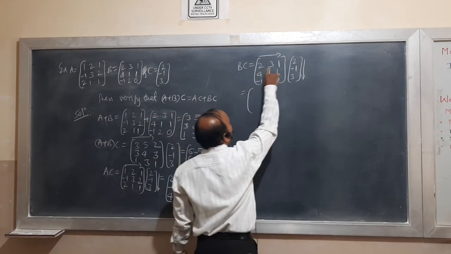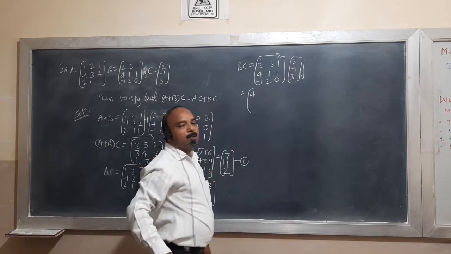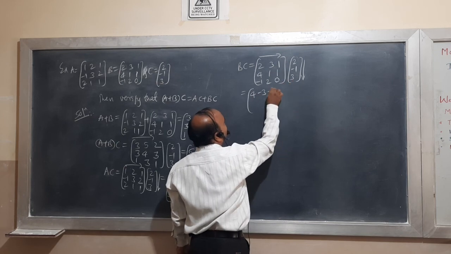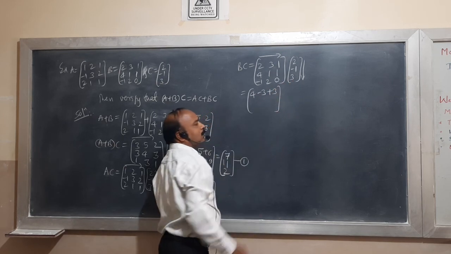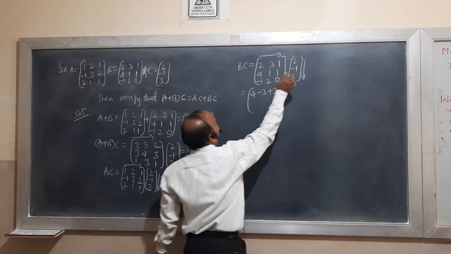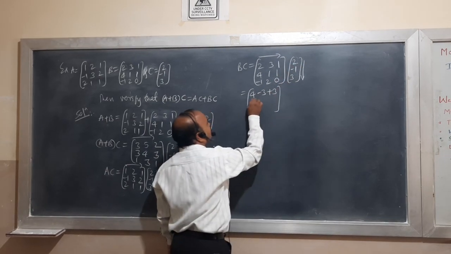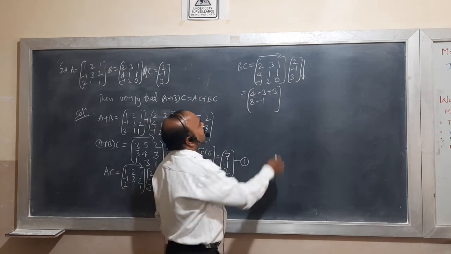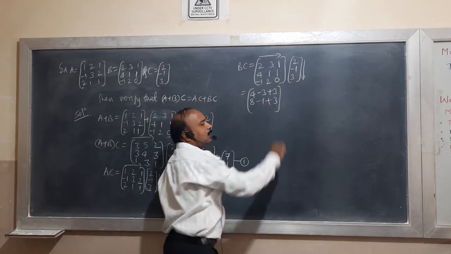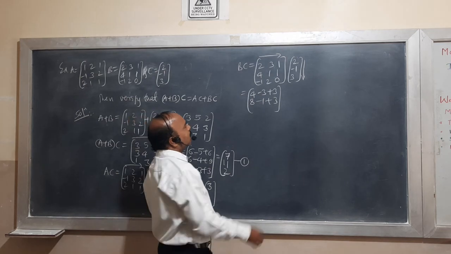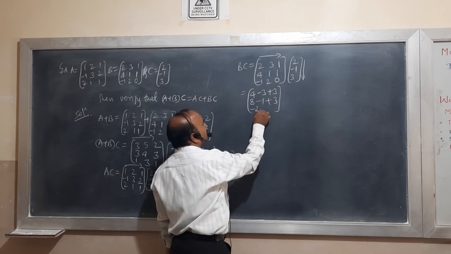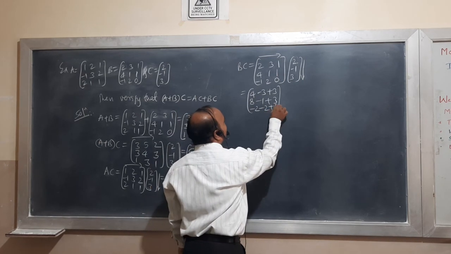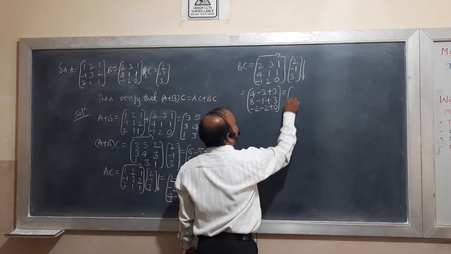First row is this, 2 into 2 is 4, plus 3 into minus 1 is minus 3, plus 1 into 3 is 3. Second row in this column, 4 into 2 is 8, plus 1 into minus 1 is minus 1, plus 1 into 3 is 3. Next, third row this column, minus 1 into 2 is minus 2, 2 into minus 1 is minus 2, plus 3 into 0 is 0.